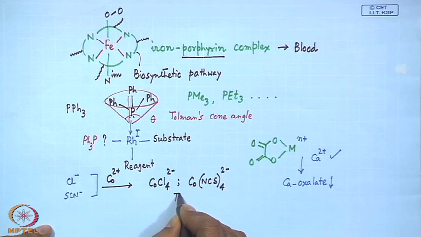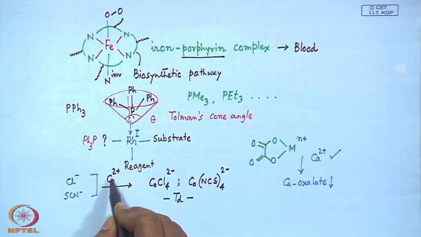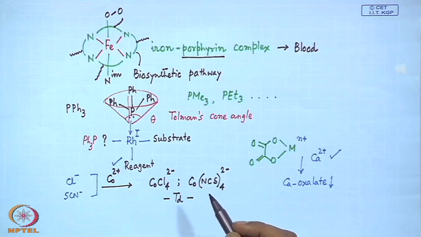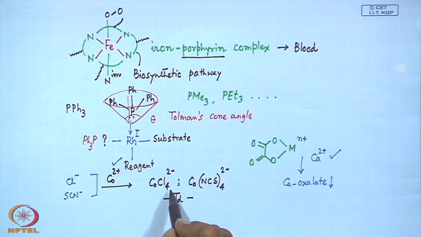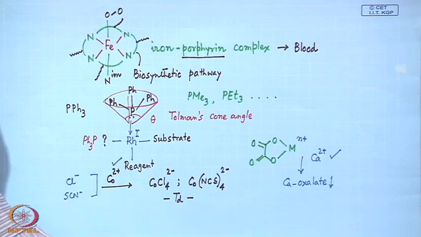So, the geometry of these species is tetrahedral. The typical nature of these ligands, the chloride and the thiocyanate, tells us that whenever we have cobalt available in the +2 oxidation state, and this is important, not in +3, they give rise to the corresponding tetra species, with four such ligands, the chloride and the thiocyanate, surrounding the cobalt center. So, we will end up with only the tetrahedral geometry.